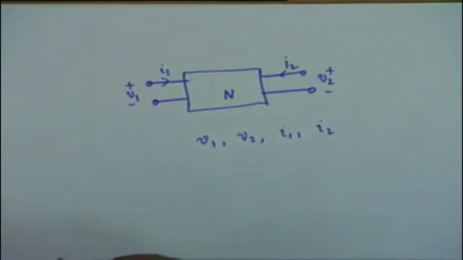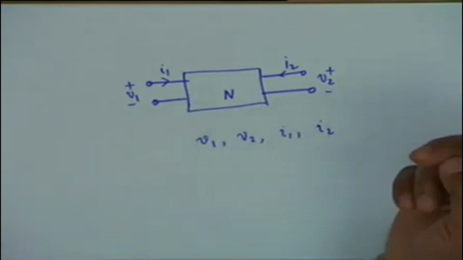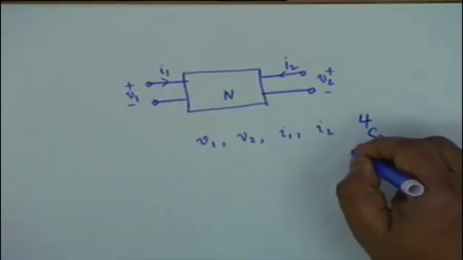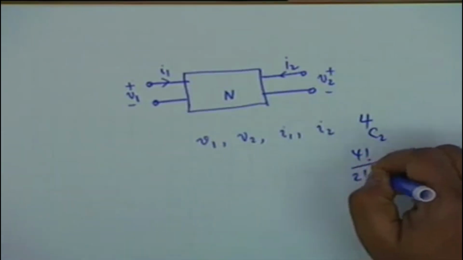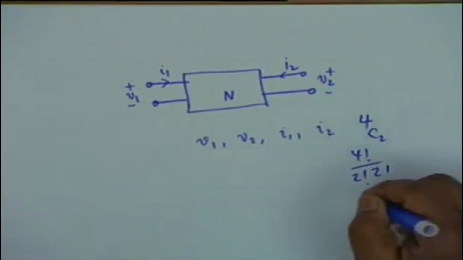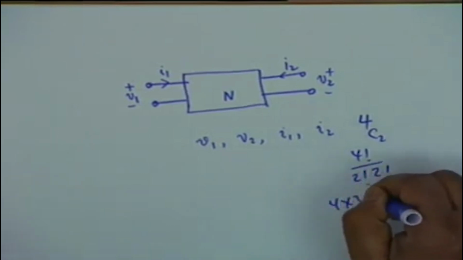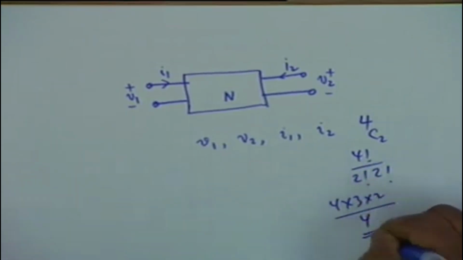In how many ways can you specify the independent and the dependent variables? Obviously there are 6 ways, 4C2, 2 taken out of 4. So factorial 4 divided by factorial 2 times factorial 2, which is 4 times 3 divided by 2, so 6 ways.